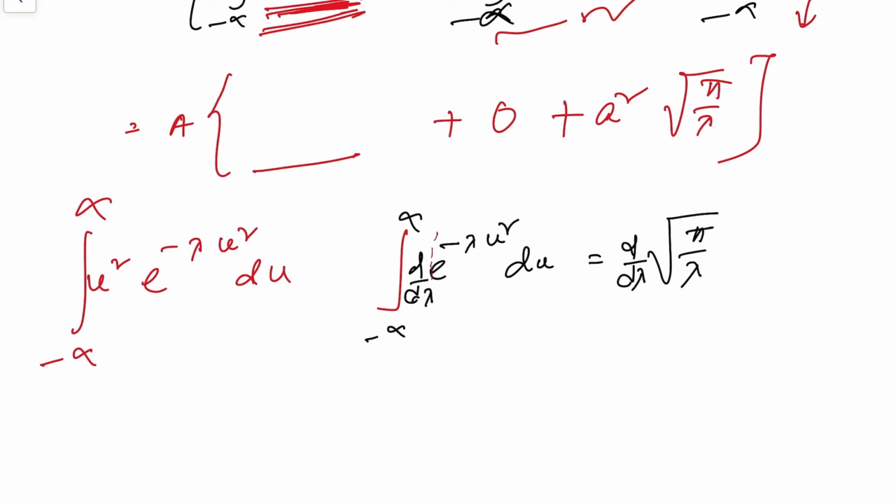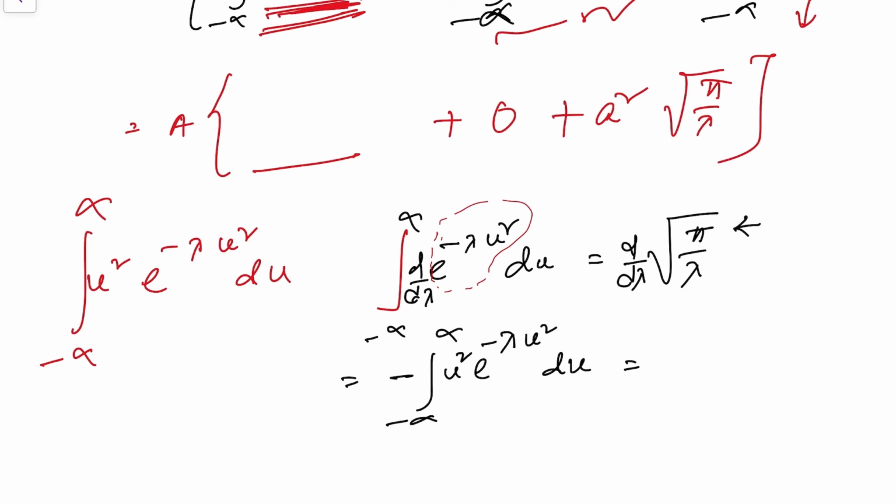If you differentiate this term with respect to lambda, not u square, not u, then you will get minus integral from minus infinity to plus infinity of u square e to the power minus lambda u square du. If you differentiate with respect to lambda, you have to treat u square as constant. On the other side, pi is constant, lambda is variable, so you will get minus root pi times 1 by 2 lambda to the power 3 by 2.